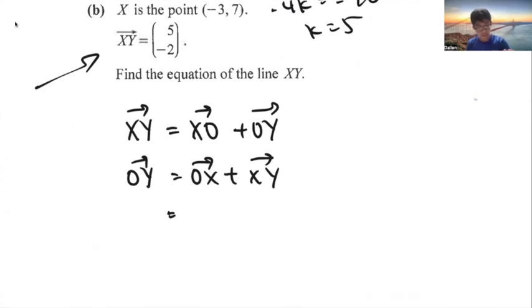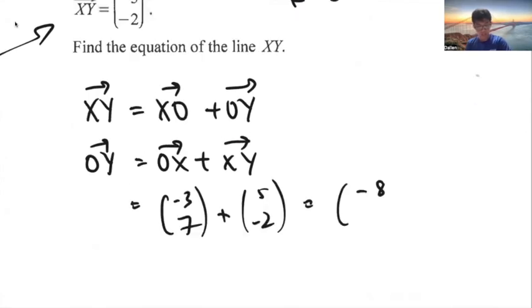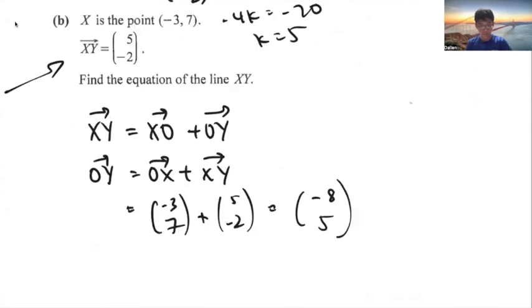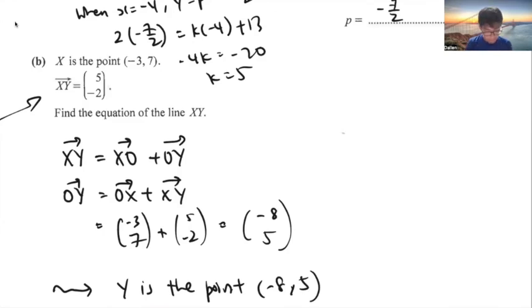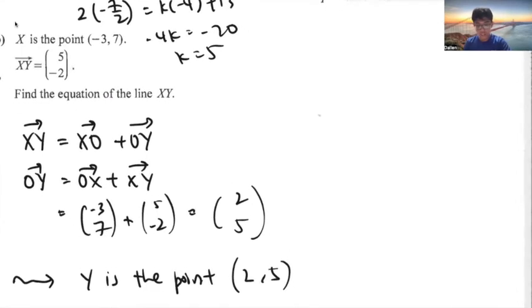XY is (5, -2). So this is (2, 5). So Y is the point (2, 5).